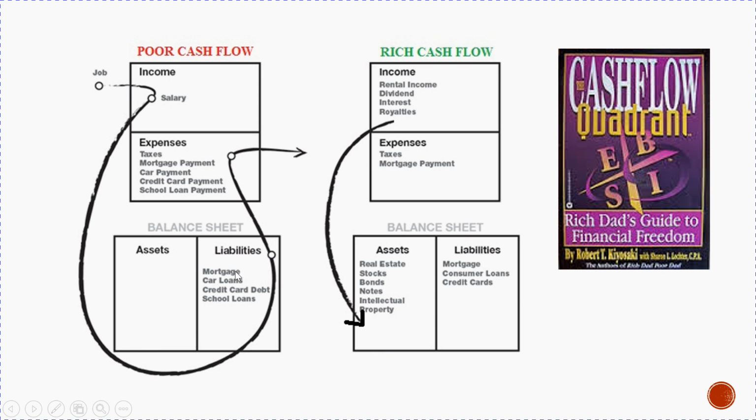So they'll have a mortgage, a car loan, credit card debt, school loans, other debts, could be store cards. And then they have a lot of expenses: taxes, mortgage payments, car payments, credit card payments and school loan payments.